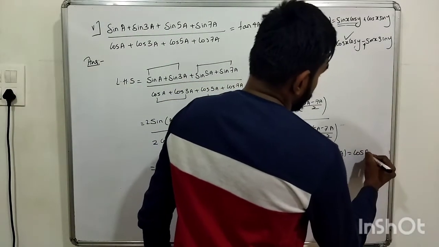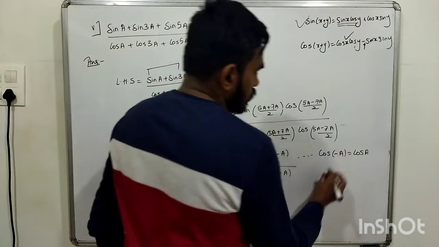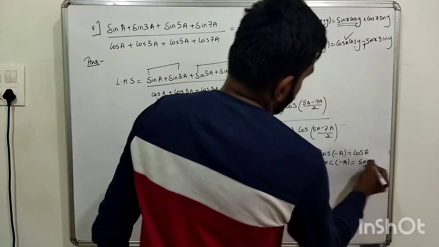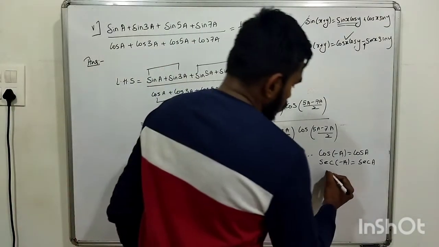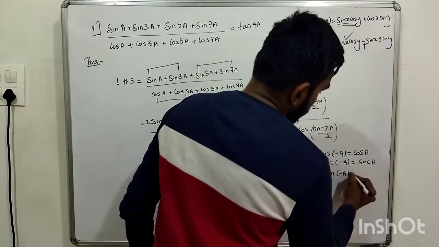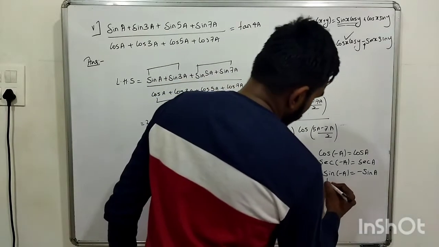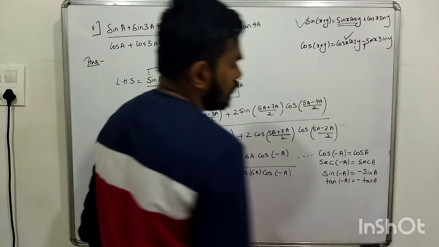So this you have to remember. For cos and sec the minus sign disappears: cos of minus A is cos A, sec of minus A is sec A. For sine, tan and the rest, the sign comes out, so sine of minus A is minus sine A, similarly tan of minus A is minus tan A, similarly cot and cosec.